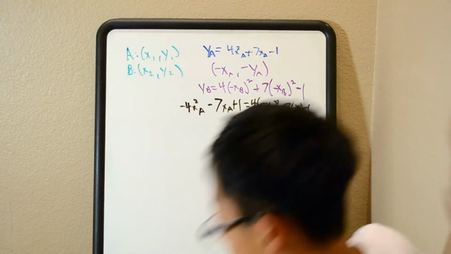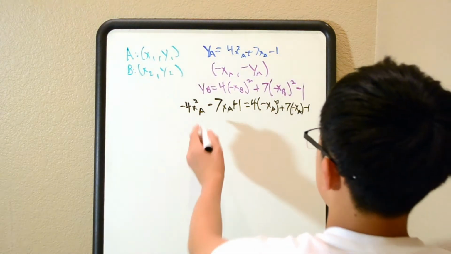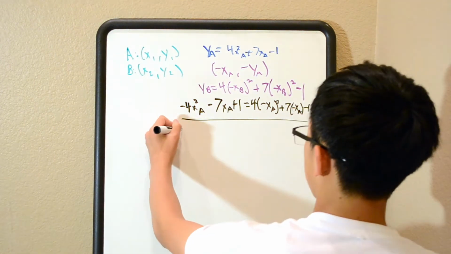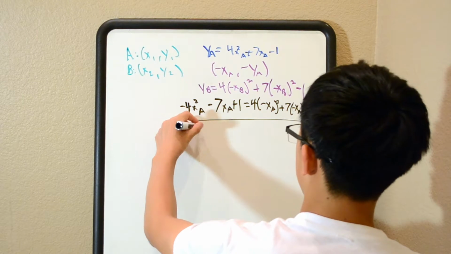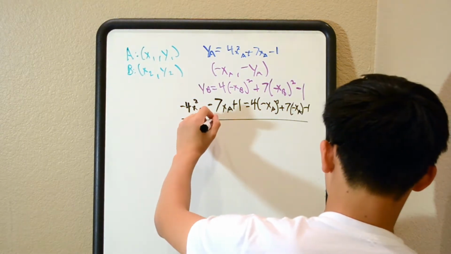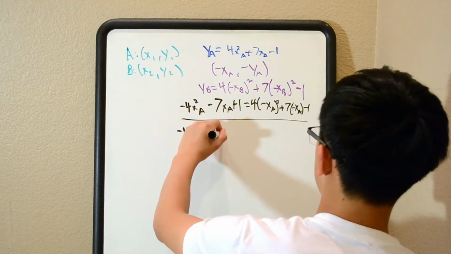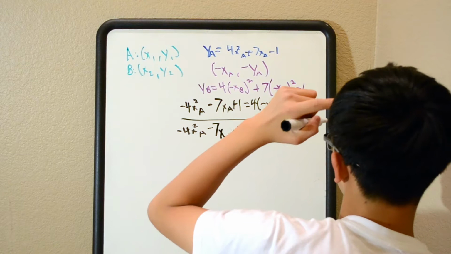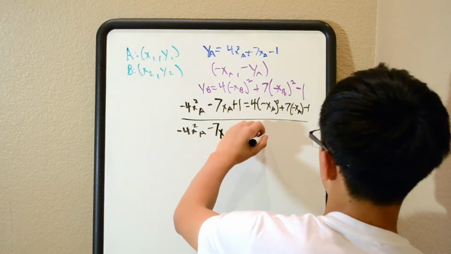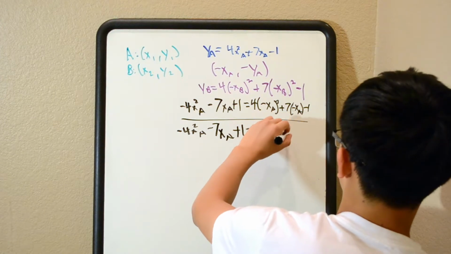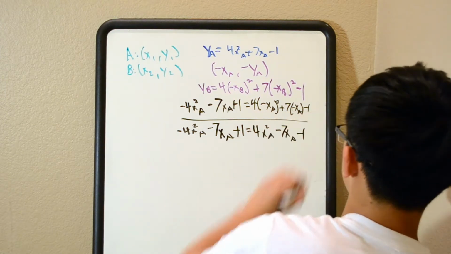So we can simplify this whole equation. We will get negative 4x squared A minus 7x A plus 1, which is equal to 4x squared A minus 7x A minus 1.